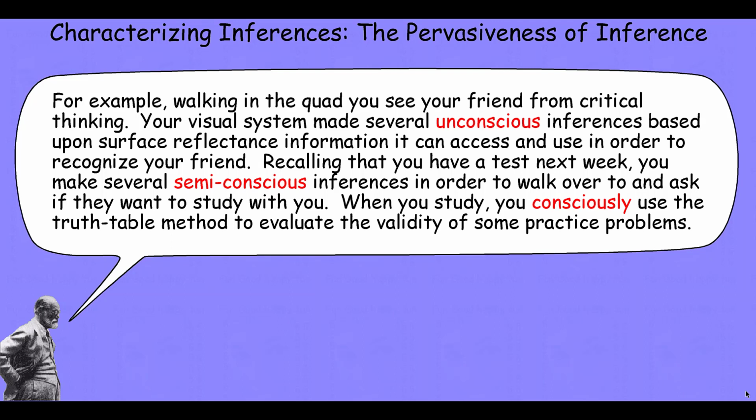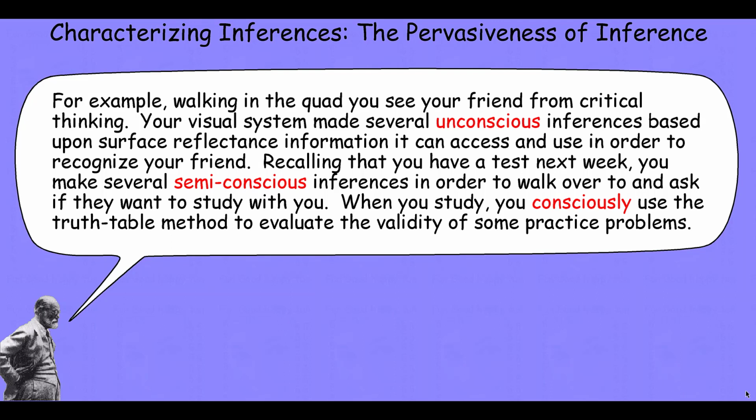Now, we may recall that we have a test next week, and we might make some semi-conscious inferences. So we might think, oh, I've got a test. Oh, maybe I should study with my friend here. And we might walk over. In doing so, we may be aware of certain parts of the inferences that we're making. For instance, the inferences that guide our walking towards that person. We may walk around a bench.